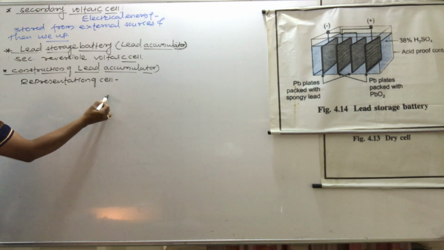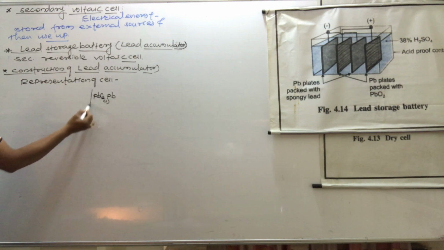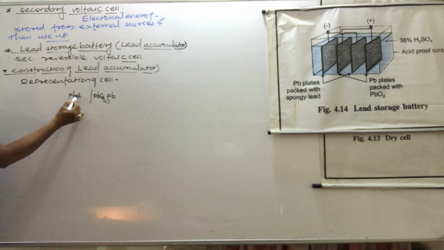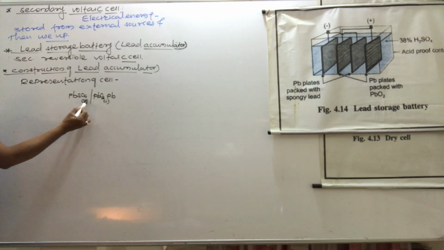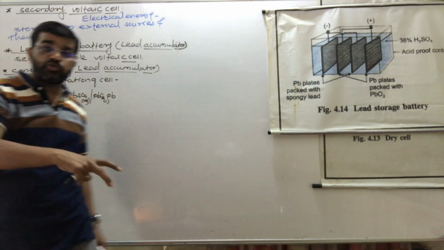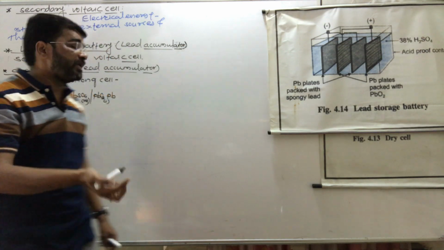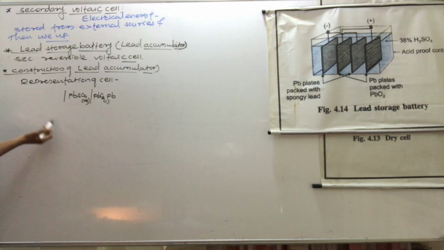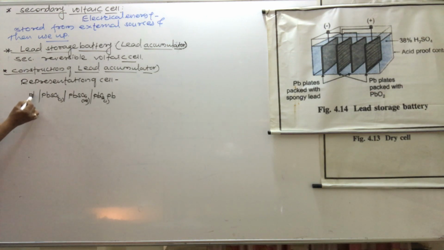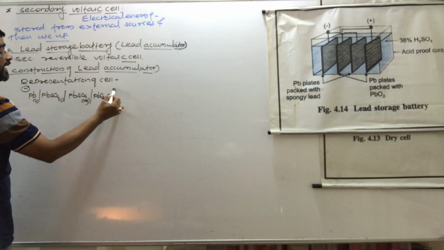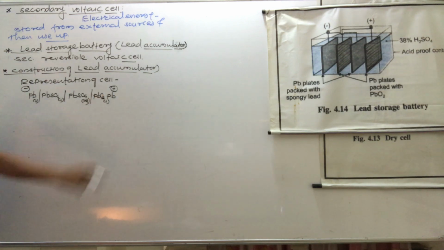Here Pb impregnated with PbO2, solid, is in contact with PbSO4, because when it is placed in H2SO4, it readily forms PbSO4. Then here also direct contact with PbSO4, solid, and here Pb, solid. So this is the anode, negatively charged, and this is the cathode, positively charged.